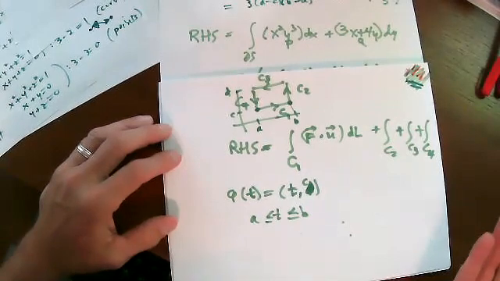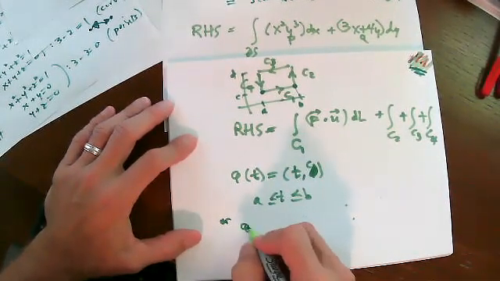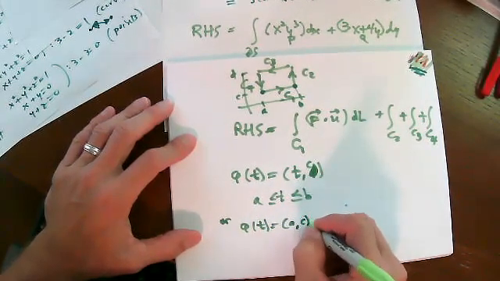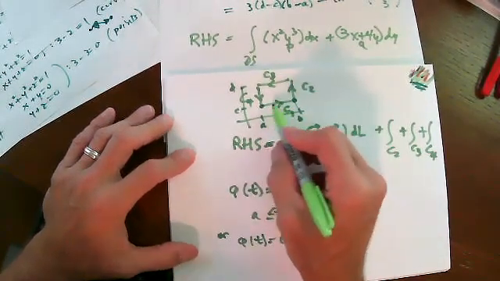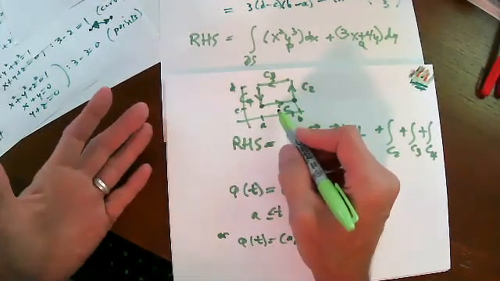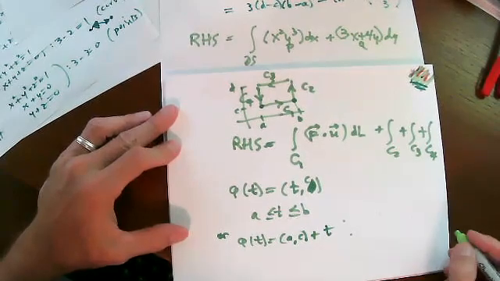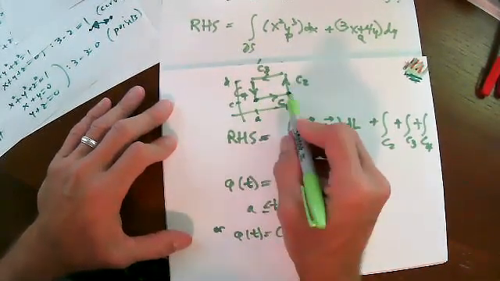Perfectly reasonable parameterization. You might also do it this way. You might say phi of t is, well, I'm going to start at the point a comma c, and then I know I have to move. I'm trying to parameterize a movement from one point to another point. One of the ways that we've talked about doing that is you just add in fractional multiples of the vector that joins that point to that point.